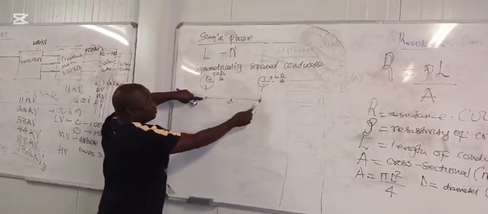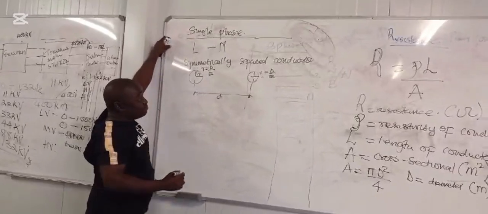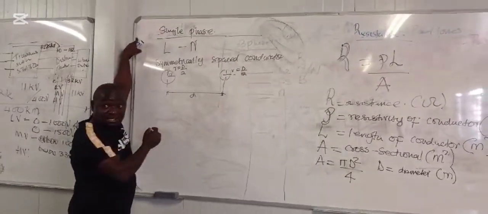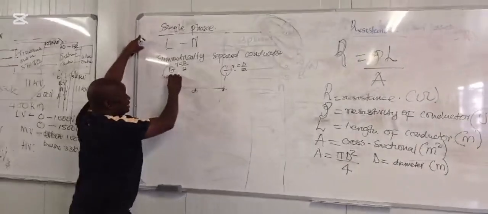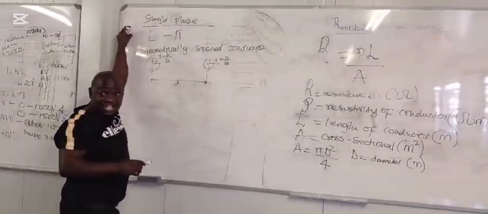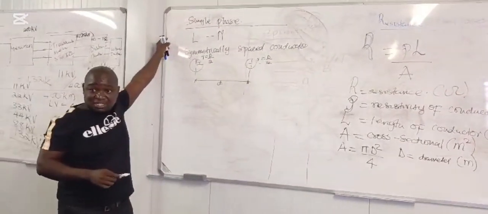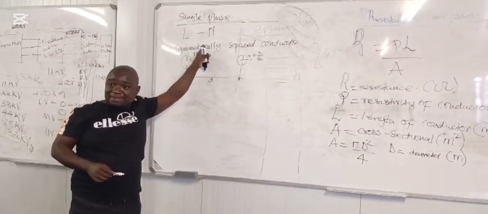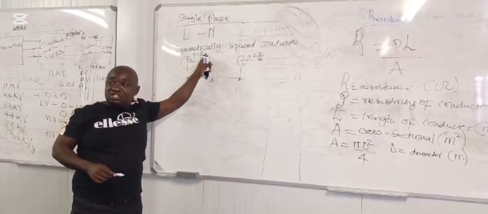That is the distance between them. Now, for symmetrically spaced conductors for a single phase, the spacing of the conductors, in which we have what? The radius of the conductors, which is given as R is equal to the diameter divided by 2.